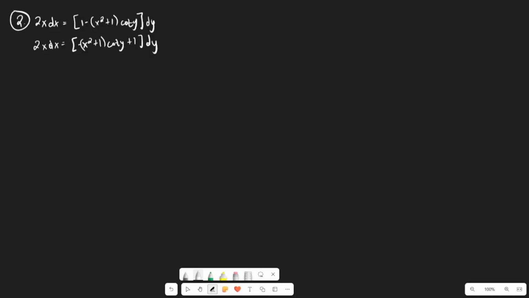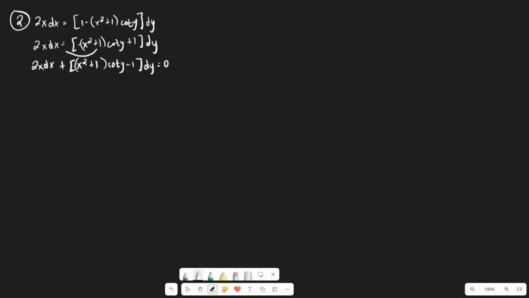Okay, so that when I add this part to both sides, we can have the form M(x,y) dx plus N(x,y) dy. So I'll just transfer this right here. We'll have 2x dx plus x squared plus 1 cotangent y minus 1 dy is equal to 0.